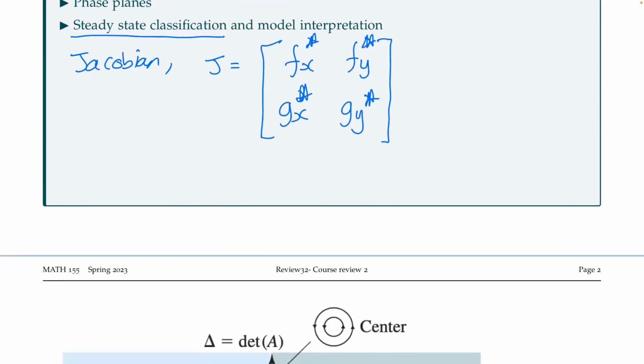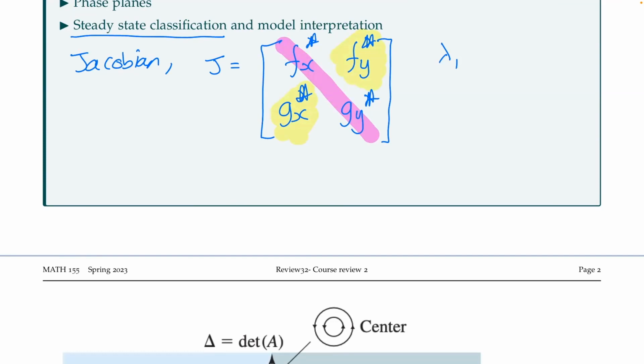You could potentially just read off your eigenvalues straight away, and that might tell you something about the stability. For example, if you have this in upper triangular or lower triangular form, so this entry and/or this entry is equal to 0, then your eigenvalues are just given by the elements on the main diagonal.